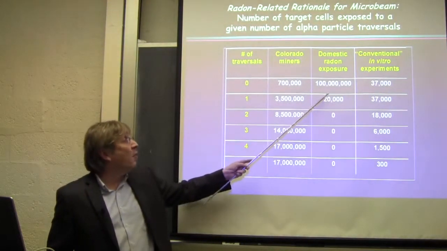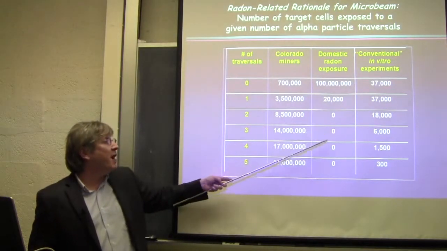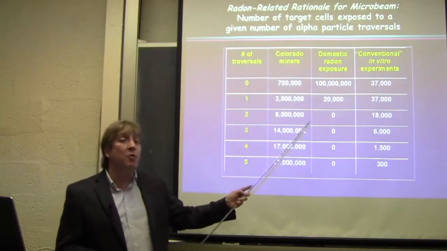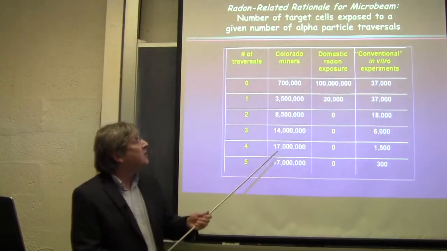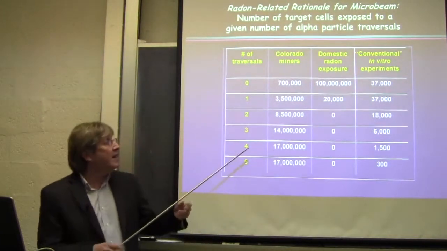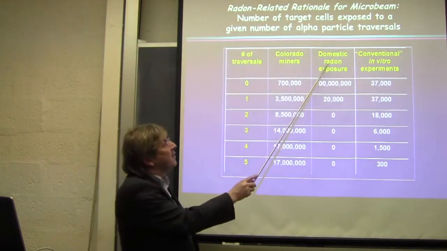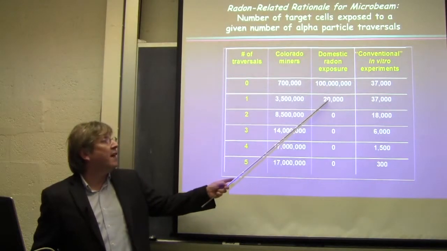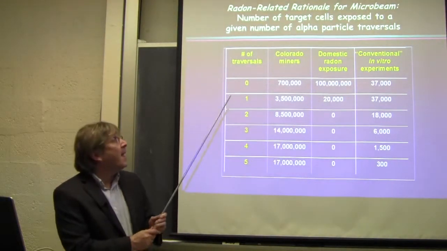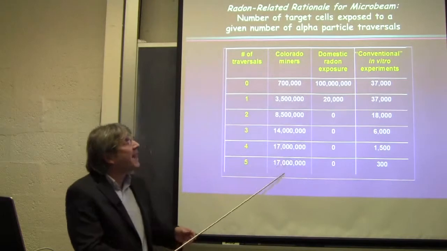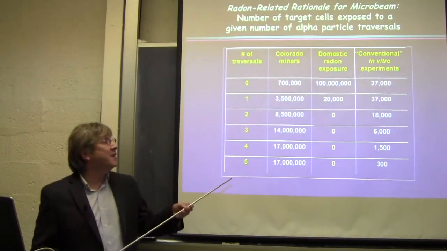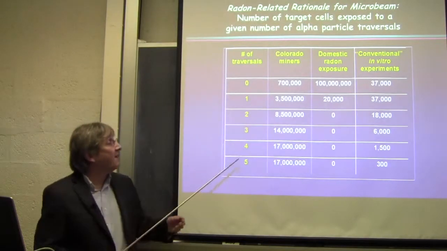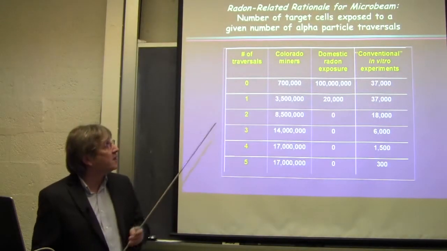A few of them will get one traversal, and it will actually be very rare for an average individual to get any cell with multiple traversals. So you can see that what we're really interested in, if we're interested in the risks from domestic radon exposure, are the effects of a single alpha particle traversal. And that, of course, you can't directly get from the Colorado miners, because you will never get a Colorado miner where most of the cells have single alpha particle traversals.